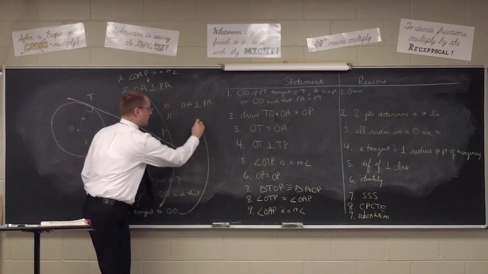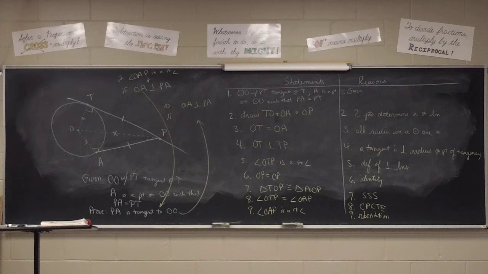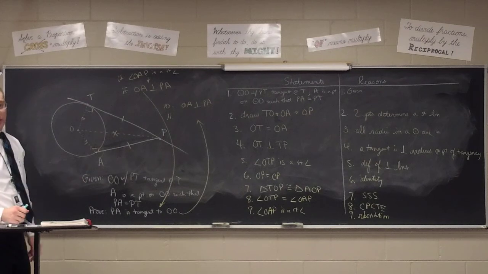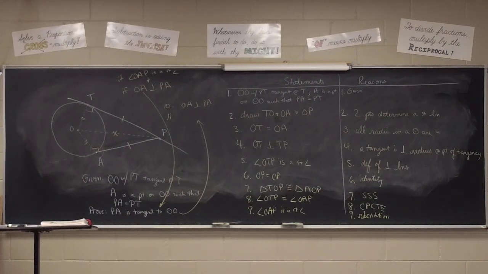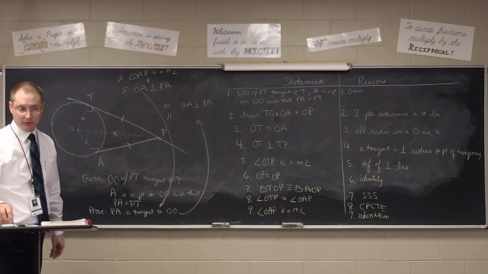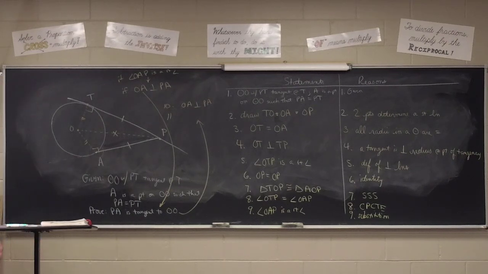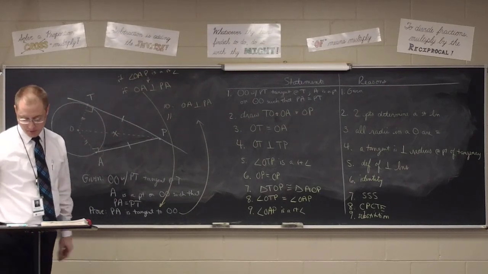So yes, number 11, PA is tangent to circle O, because if a line is perpendicular to a radius at its endpoint on the circle, then it is tangent to the circle. If it's tangent, clang, perpendicular, yes, but if it's perpendicular at the endpoint, then clang, tangent. All right, there we go.